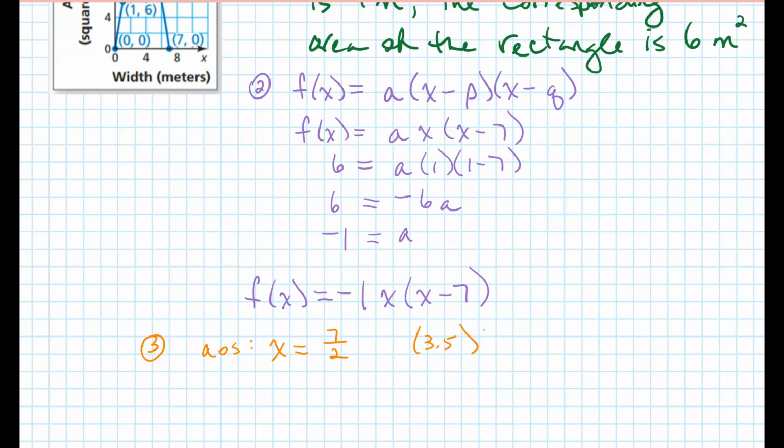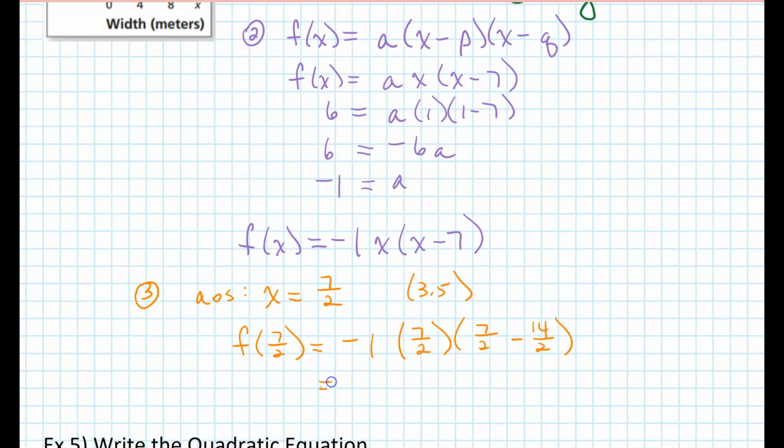All right. And once we've established the axis of symmetry, can we find the y value? Yes. All right, so we're just going to plug that into the equation that we created. f(7/2) is equal to negative 1 times 7/2 times (7/2 minus, I need a common denominator, so 7 would become 14 over 2).